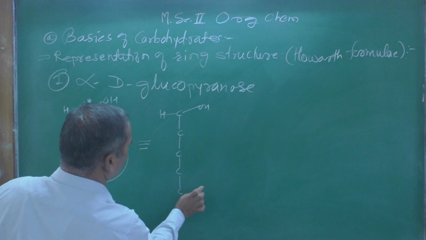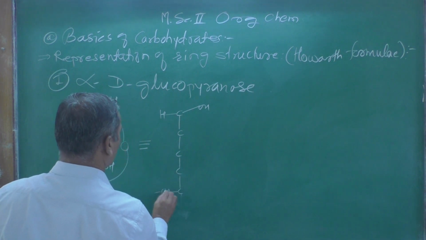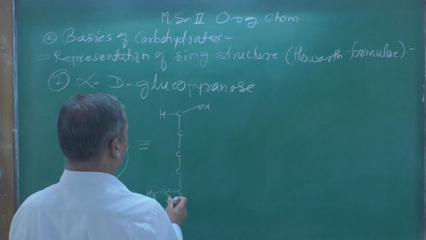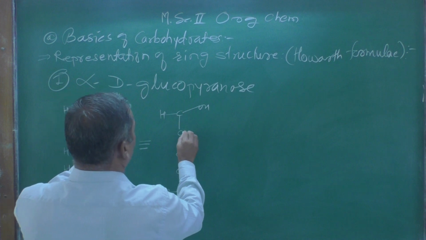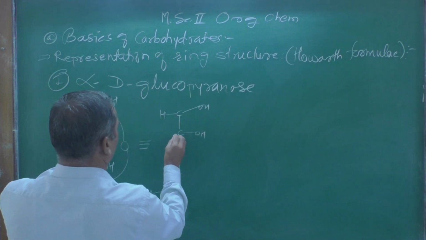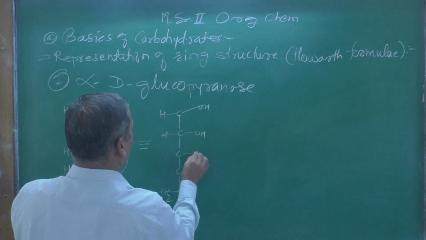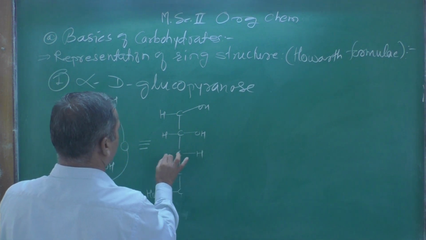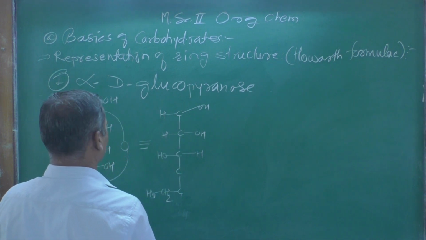At this 6th carbon atom we can write CH2OH, and rest of the carbon atoms here. Look at this hydroxy group on the right hand side, hydrogen on the left hand side. At this carbon, hydrogen on the right hand side, whereas hydroxyl group on the left hand side.